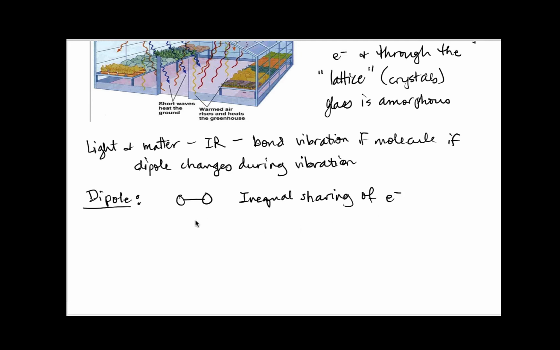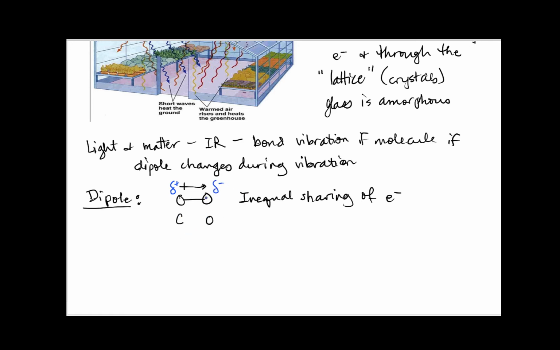And let's say that we have a carbon and an oxygen here. The oxygen pulls those electrons a little bit more strongly than the carbon does. And so that leaves us with a partial positive charge over here on the carbon and a partial negative charge over here on the oxygen.